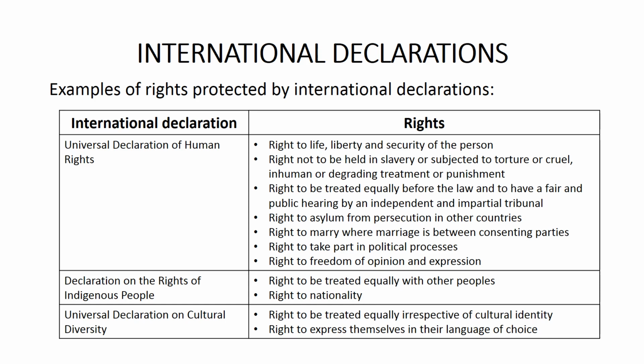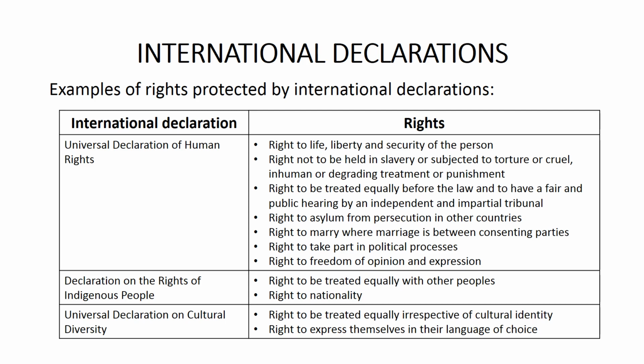Under the Declaration on the Rights of Indigenous Peoples, Indigenous people are given the right to be treated equally, or the same as other people who live in that country. And they're also given the right to nationality, that is, the right to recognise themselves as belonging to a distinct group within a country.